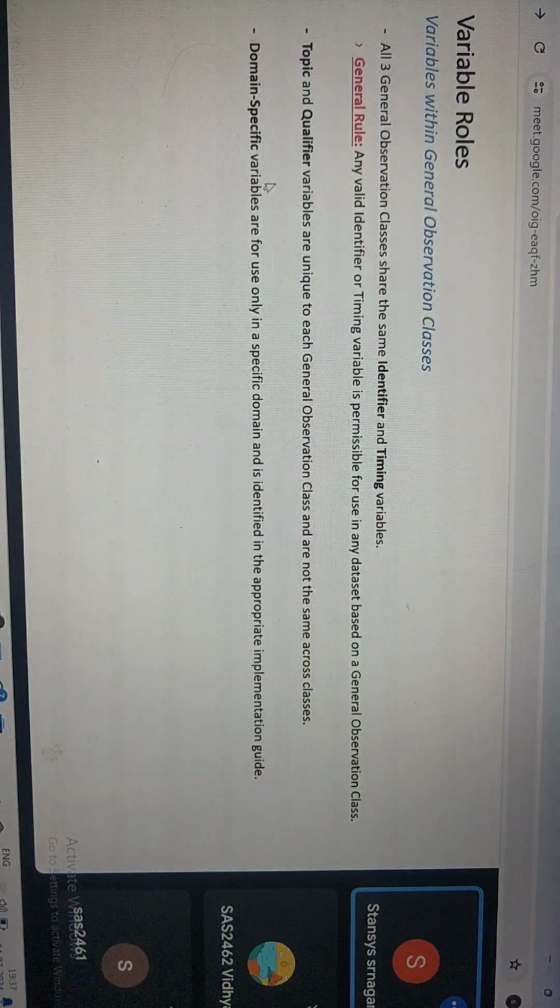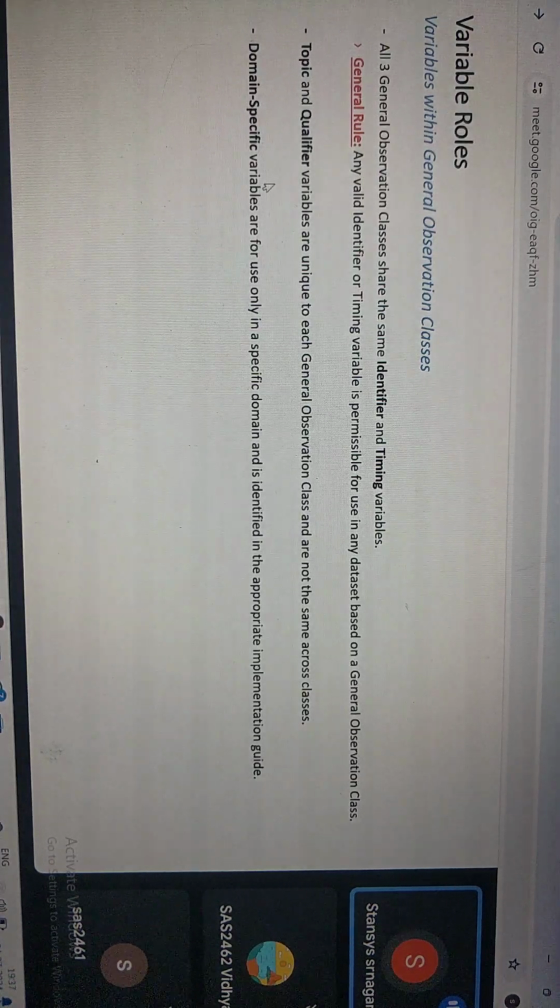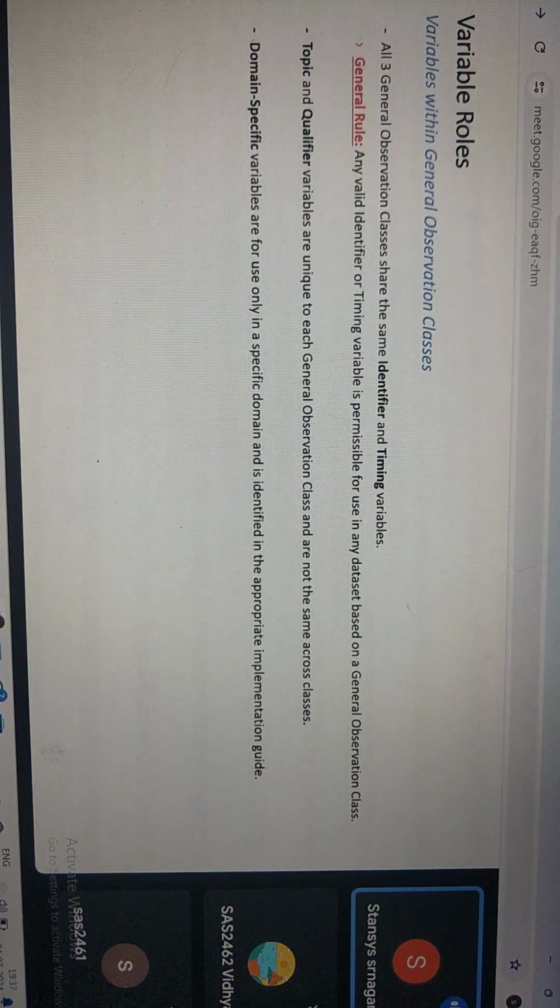Okay. Now the variables within the general observation classes. All 3 general observation classes share the identifier and timing variables. Previously we discussed the general observation classes: events, interventions and findings. There we will discuss variable by variable which class it belongs to.